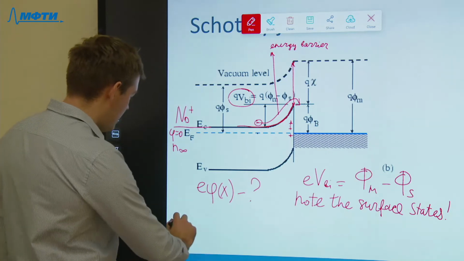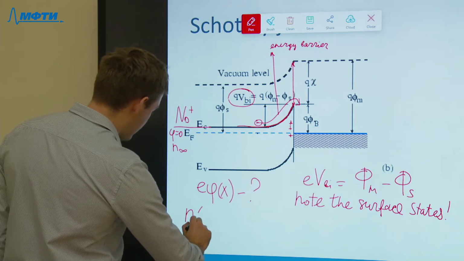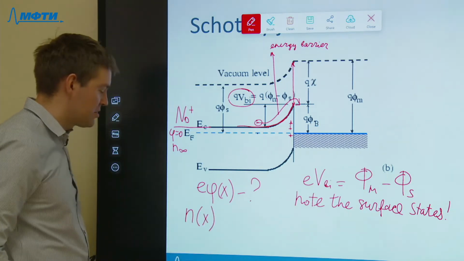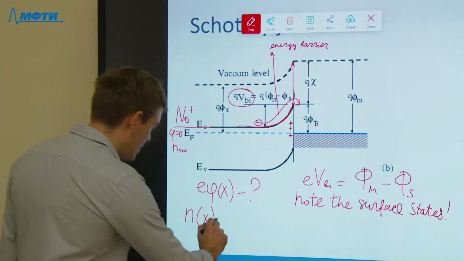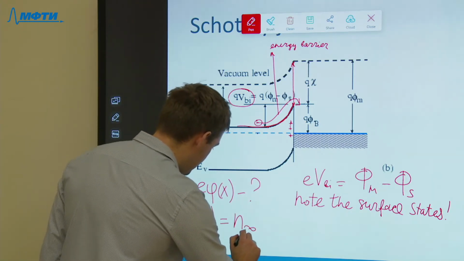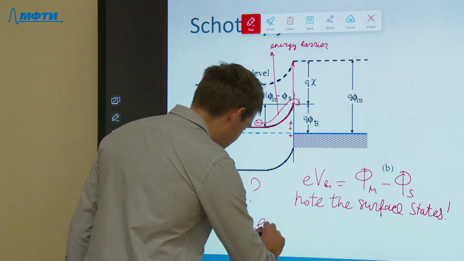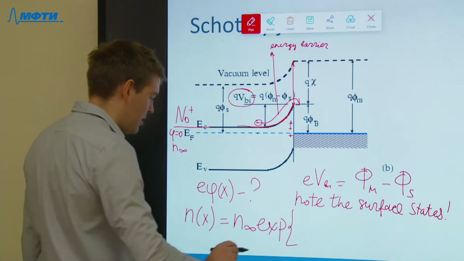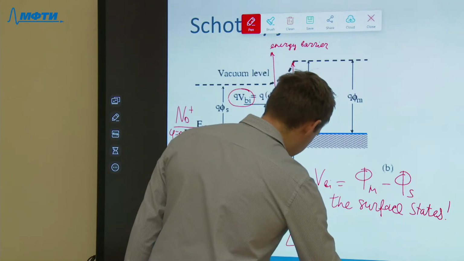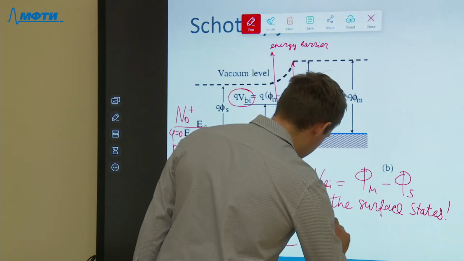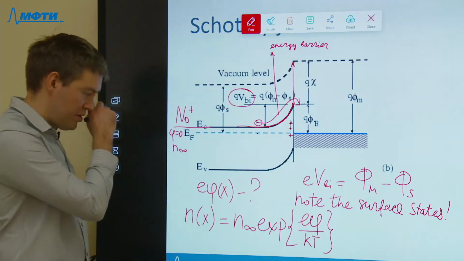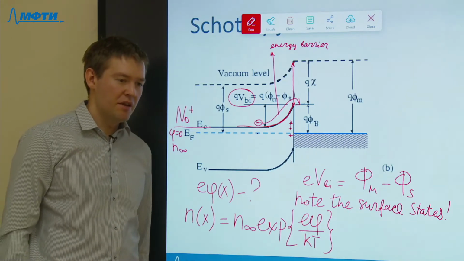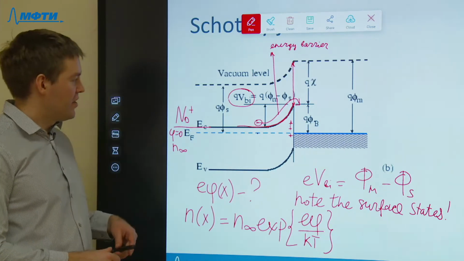Then we can write that electron density at some point x is equal to electron density at infinity multiplied by exponent of e phi divided by kT. The larger the electric potential, the more electrons we have there.